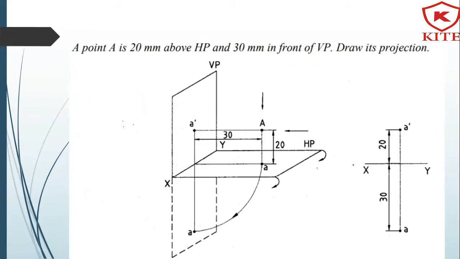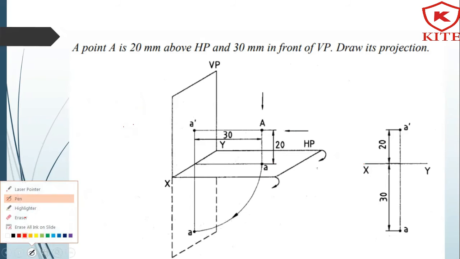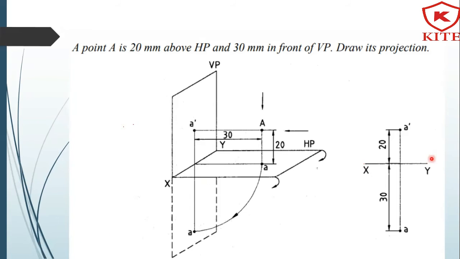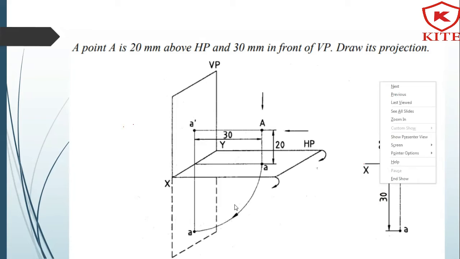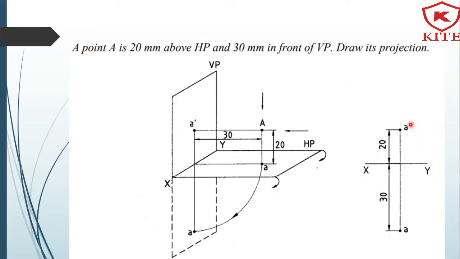To draw the projection of a point in the first quadrant, first we have to draw the XY line. Then we have to decide whether my point A dash is above HP or below HP. Also, you can say above the XY line or below the XY line.